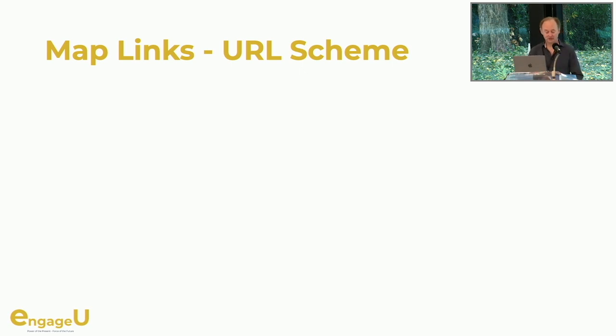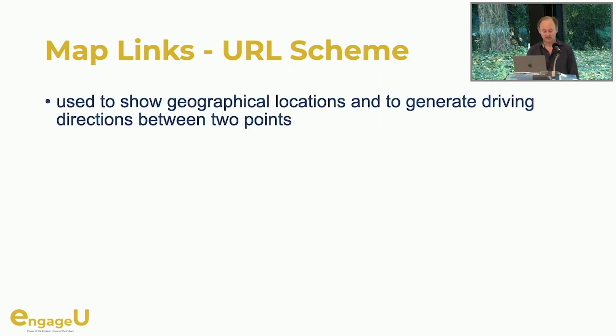Before we jump into MapKit JS, I just want to mention a basic low-code option that doesn't really require much programming, and that's using the Maps link URL scheme. We're all probably familiar with FMP URLs and using them with the iOS App SDK and so on. So Apple Maps has its own version of that, and it's a way to show locations and generate directions in Apple Maps just by passing in some parameters. It's macOS and iOS only.